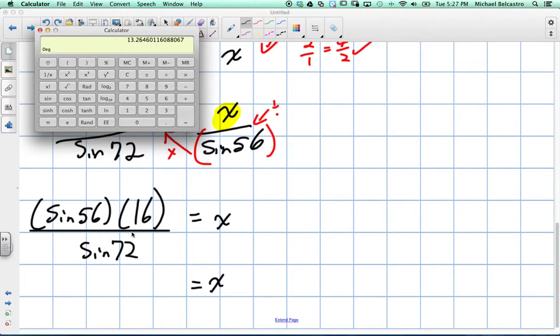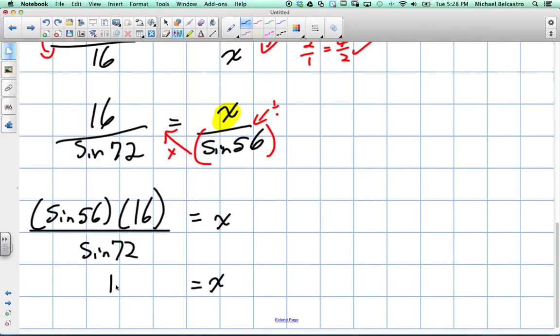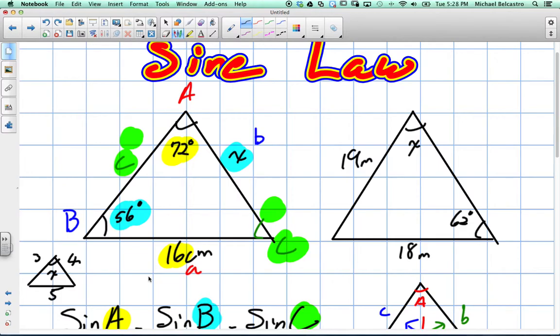So the top of this would be equal to this, and I'm going to divide it by my sine 72. Divided by bracket 72 sine, so that's the bottom, is equal to. So it turns out that x is equal to 13.94, and I think we're in centimeters.